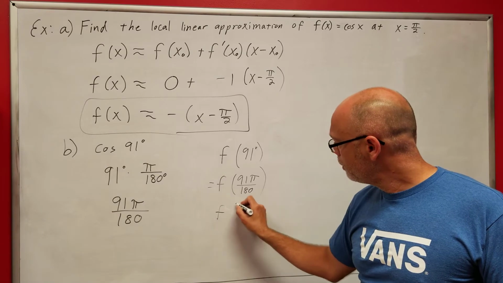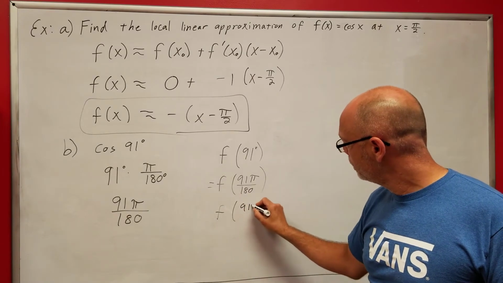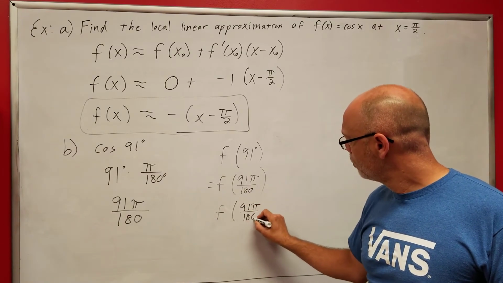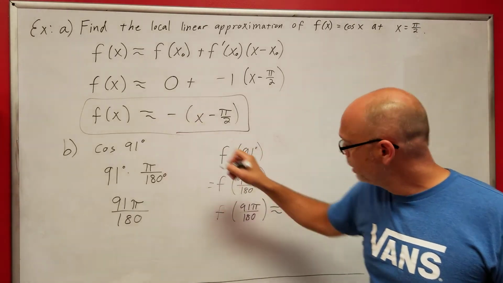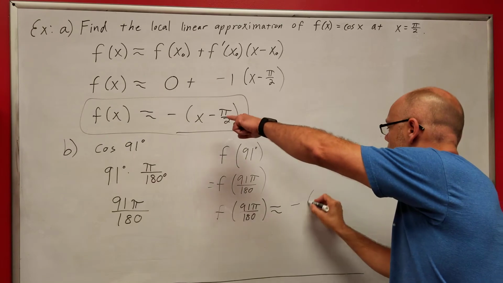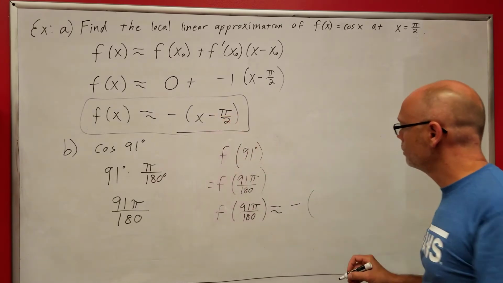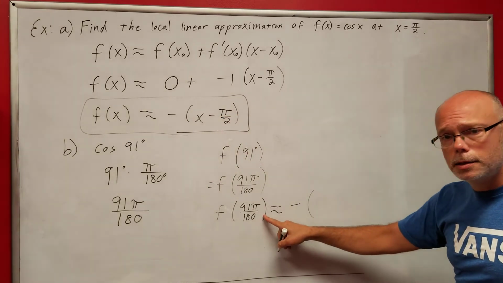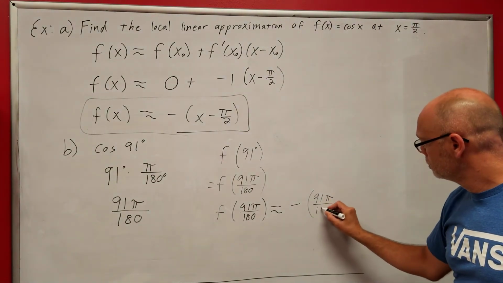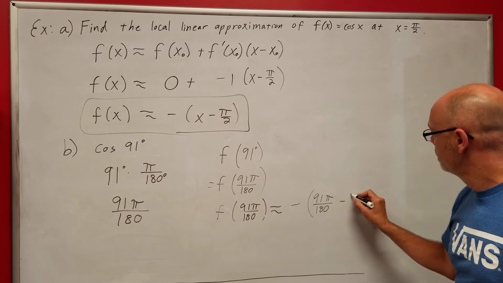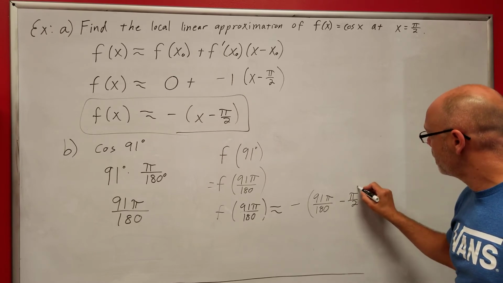And f evaluated at 91 pi over 180 is going to be given by this formula right here. Negative x minus pi over 2. But what's my x in this case? 91 pi over 180 minus pi over 2.